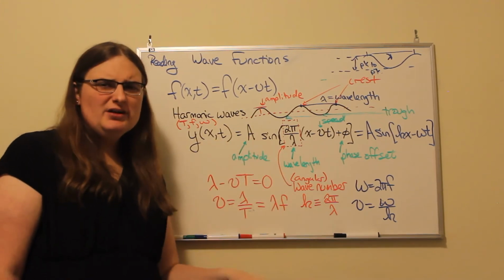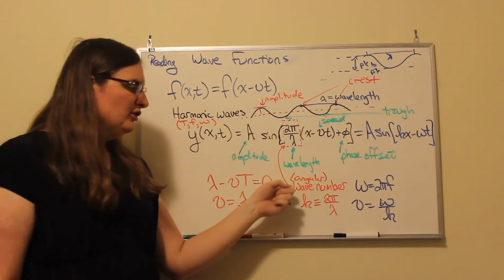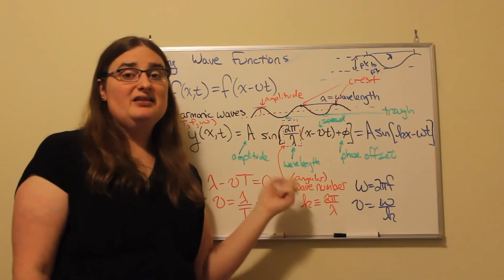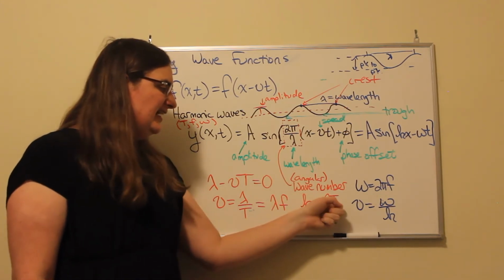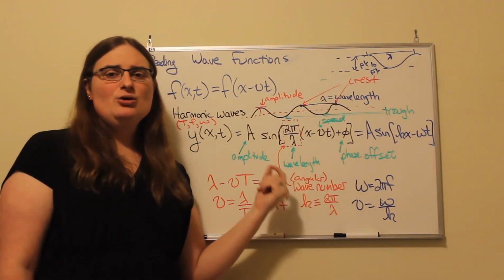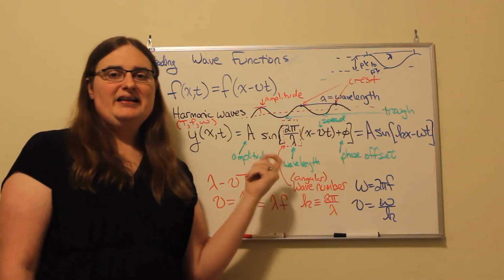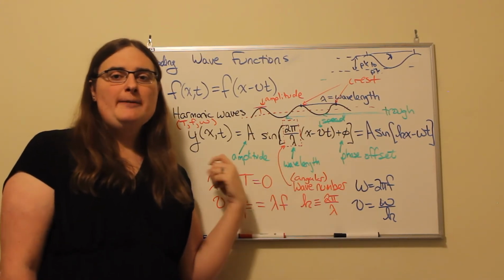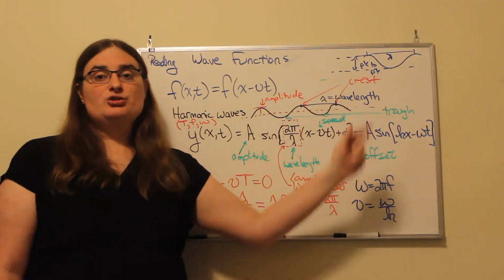Even though angular wave number is more appropriate, most folks will just call that value k the wave number. And what it's telling you is how many radians of phase that wave would evolve per meter of distance traveled along our wave function.